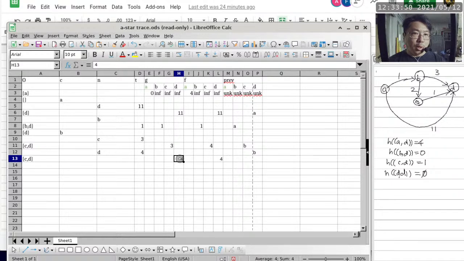The answer is no. Then we look at d. We look up the f value of d, which is 4, and we ask whether that is less than the g value of d, which is also 4. 4 is also not less than 4. So now, none of these two vertices has an f value that is less than the g value of d, and we're done with the loop. This is the end of the trace.